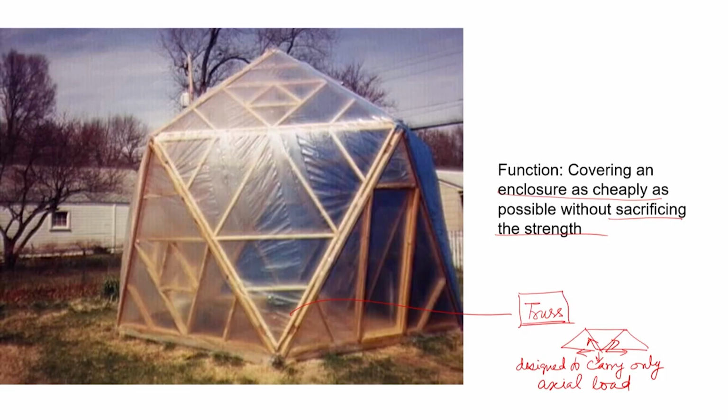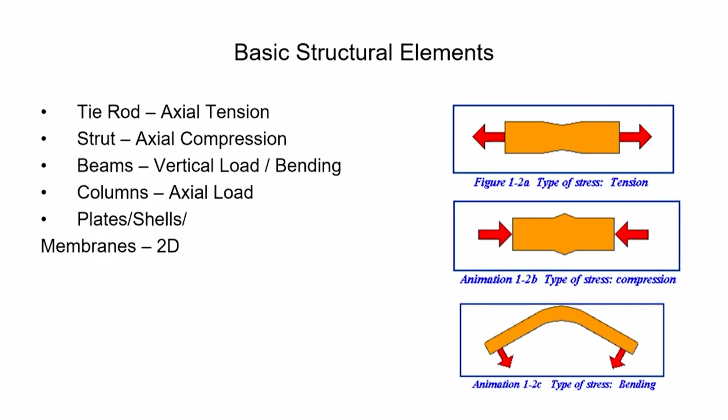Now, with all these examples, I want to summarize by telling that in general you will see that there are about 6 to 7 types of basic structural elements. The first one is of course the tie, which we have seen in our earlier discussion. Ties are designed only for tension.